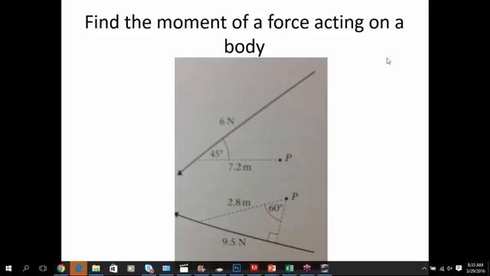Now, we just looked at one moment of a force. It is possible to apply more than one moment. And so what we just looked at is there was one force, then there was another force.